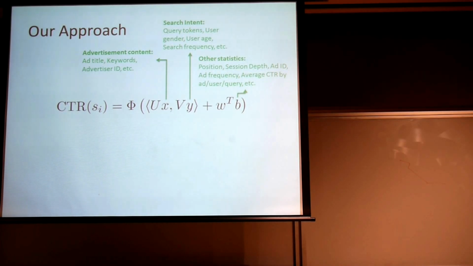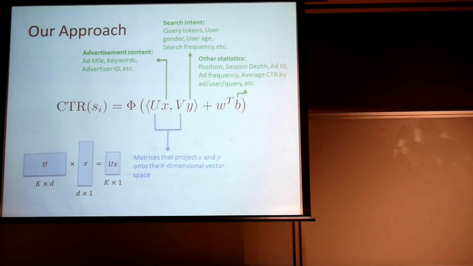What we want to do here is to model the relationship between the user's profile feature and the advertisement content feature. We do that by introducing two matrices, U and V, to map the feature vectors X and Y to a lower k-dimensional feature vector. And we use the inner product to model the similarity between them.